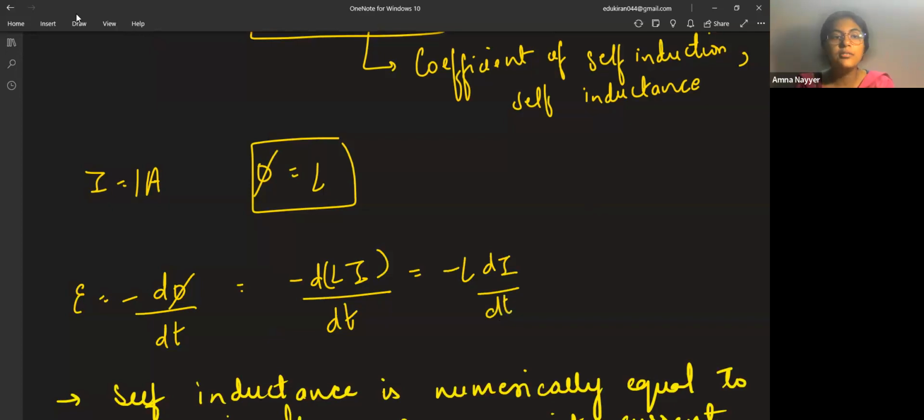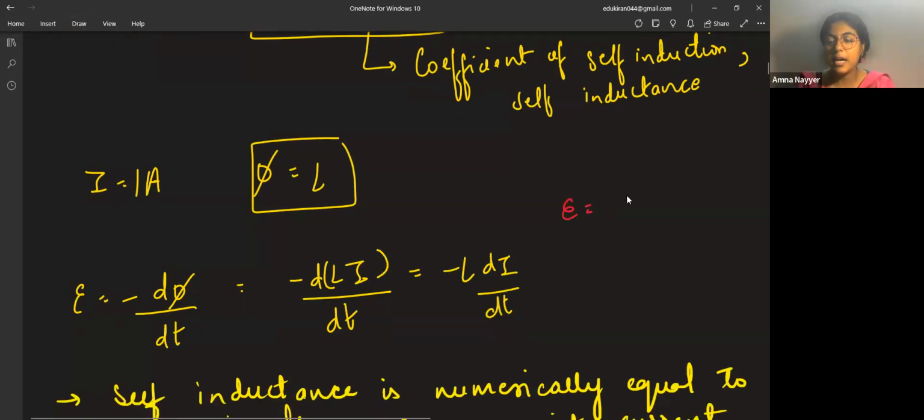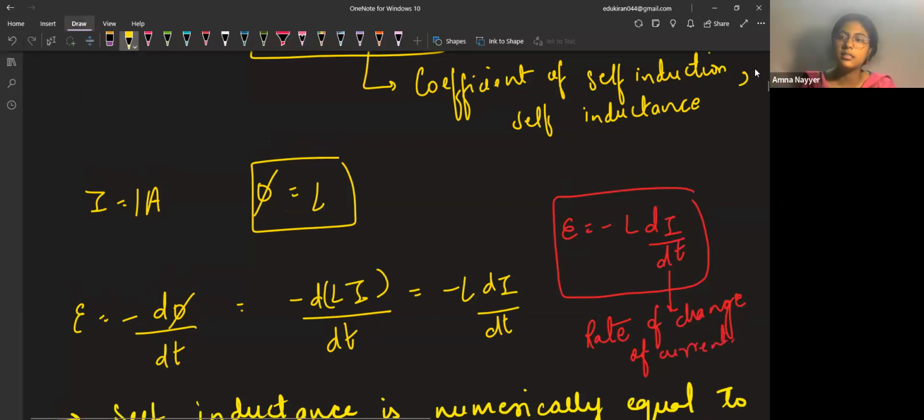So what's the formula? EMF is minus L times di over dt, the rate of change of current.